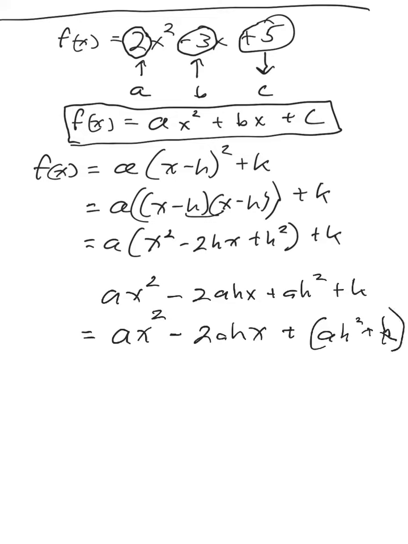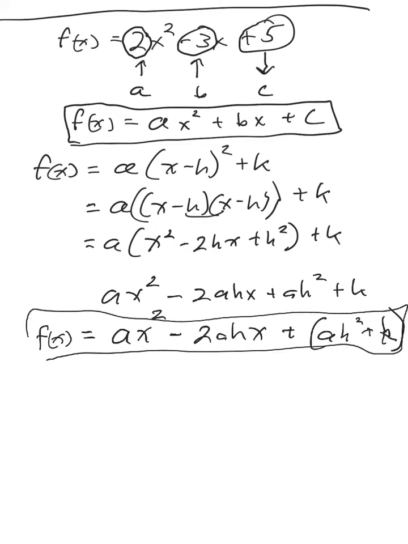I'm pretty sure I've lost a few of you, but what I want to do is compare this f of x equation on the bottom to the one on the top. Basically I notice that this a and this a are the same, so the stretch or shrink will always be in front of the x squared term.